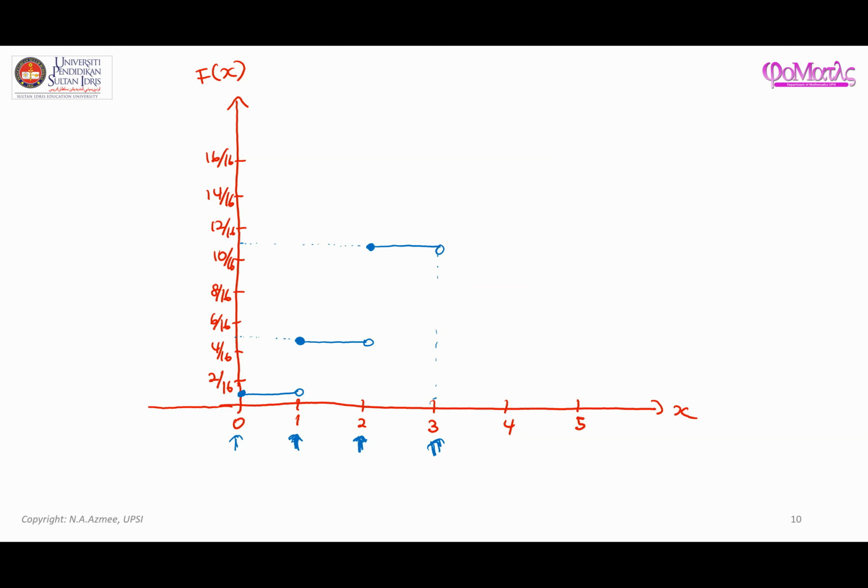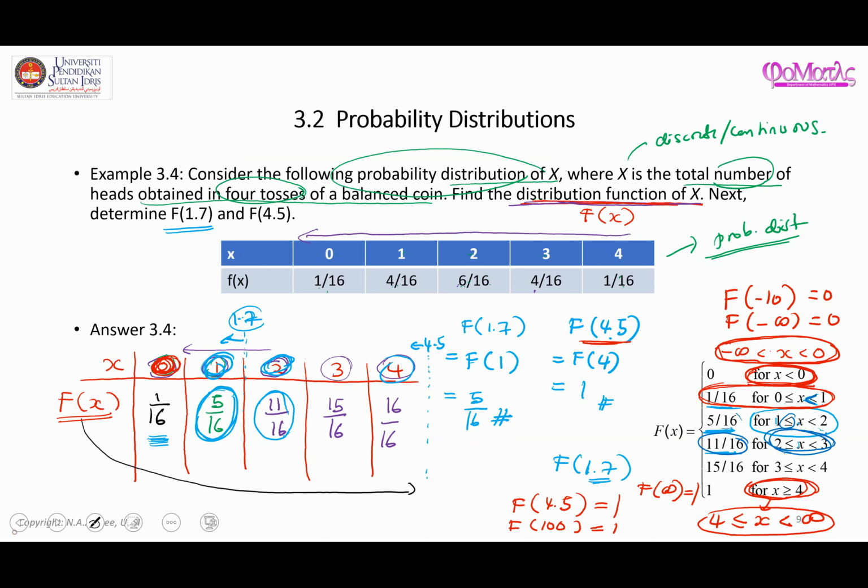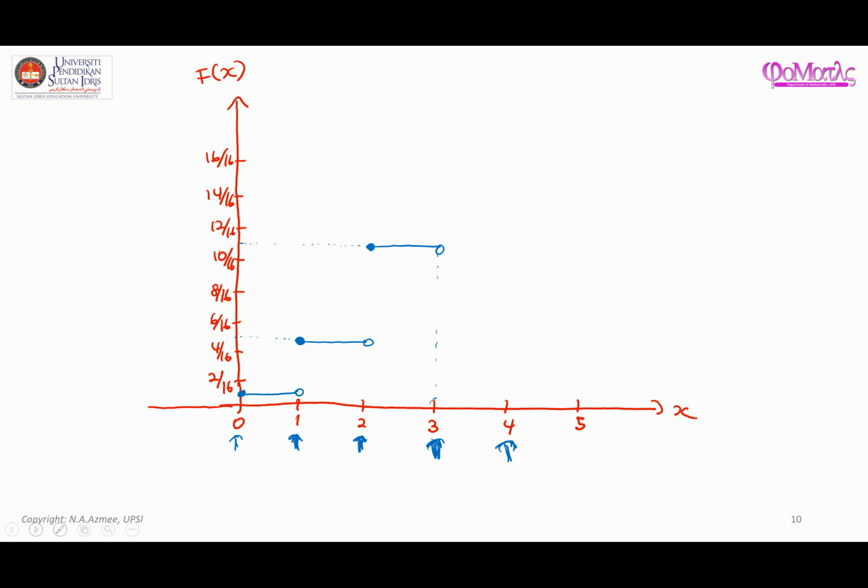Okay. Next, we're going to consider between 3 and 4. So between 3 and 4, this is 15 over 16, where 3 is included. So 15 over 16 could be somewhere here. 3 is included, so full circle, and this one is an open circle because 4 is not included.